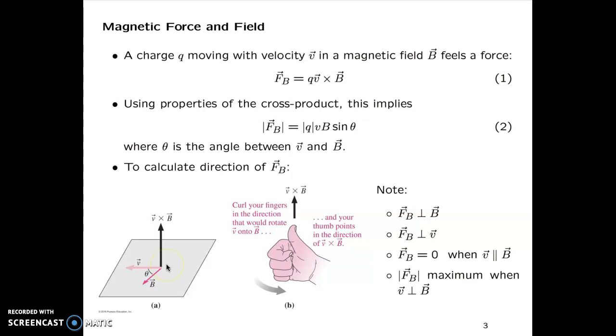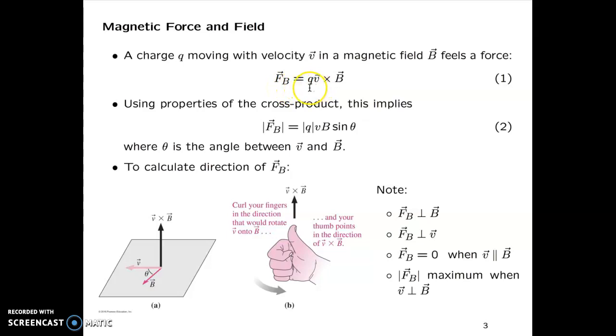So that's illustrated again in figure A. Again, take your right hand, fingers point in the direction of the first vector, curl them in the direction of the second vector, and you may have to twist or turn your hand in order to achieve that, but after you're able to do that, your thumb will be pointing in the direction of the cross product.